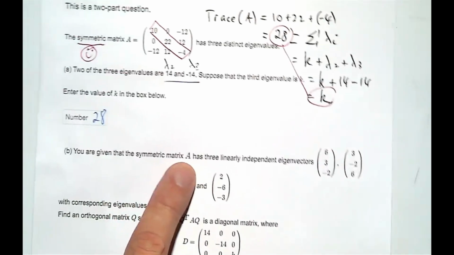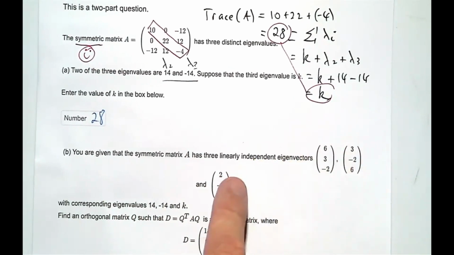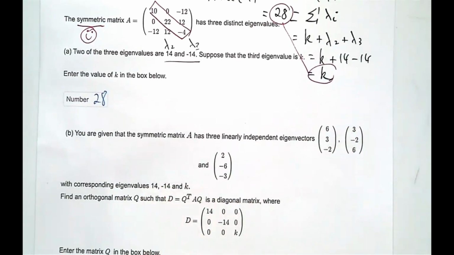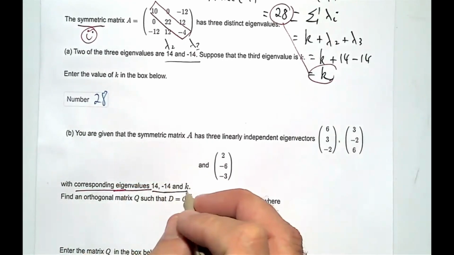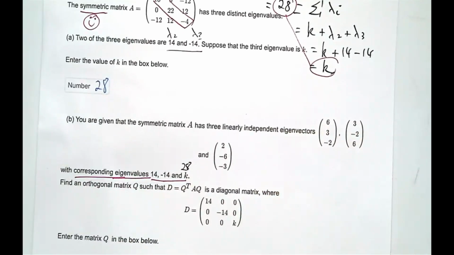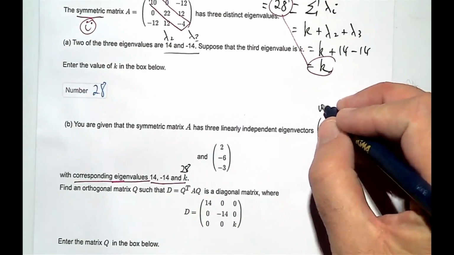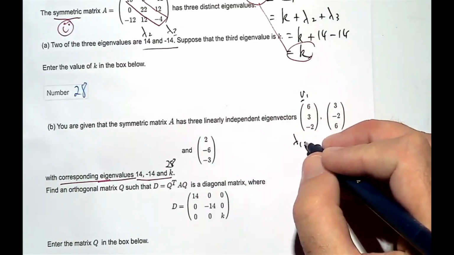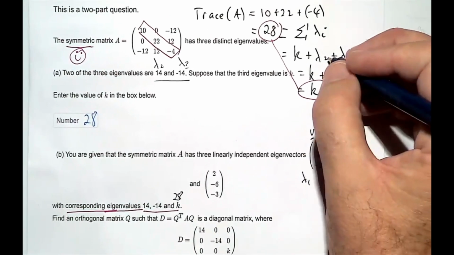You were given that the symmetric matrix A has 3 linearly independent eigenvectors, with corresponding eigenvalues, and this will be 28. So this would be the eigenvector, your V1, corresponding to lambda 1.